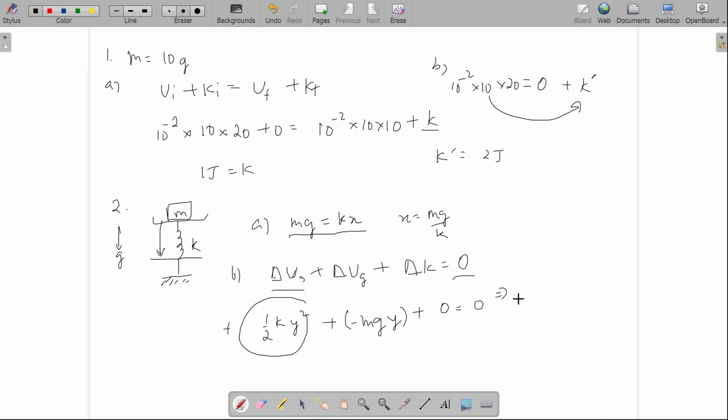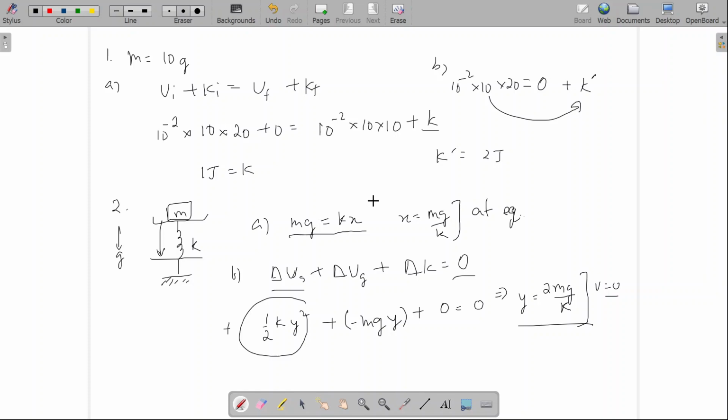So the value of y would be 2mg by k. This would be the distance traveled by the block before it comes to rest. As you can see, there is a very interesting idea: the distance traveled by the block up to the point of equilibrium is just half of the distance it travels up to the point its speed becomes zero.